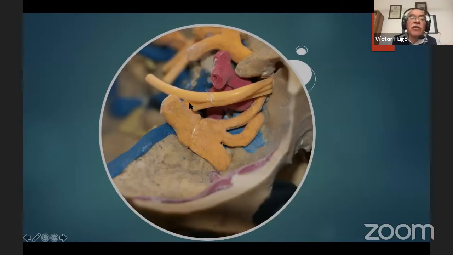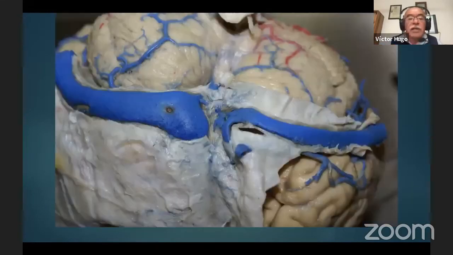Inside the cavernous sinus, the 6th cranial nerve. This is a model made with silicone and resin. The resin is in scale 1:1 to a real one. So this is another variation in the venous drainage.